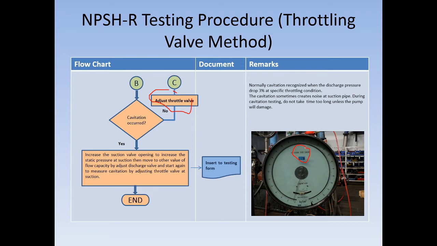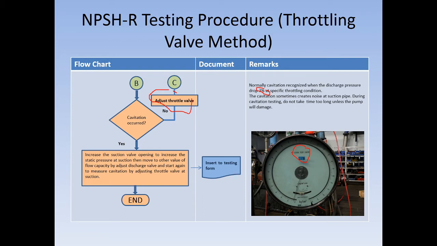It is moving like a needle up and down, at least 3%. So that's already cavitation in your pump. You have to record that flow capacity. Cavitation occurs when you see the discharge pressure moving up and down around 3% from its design point.